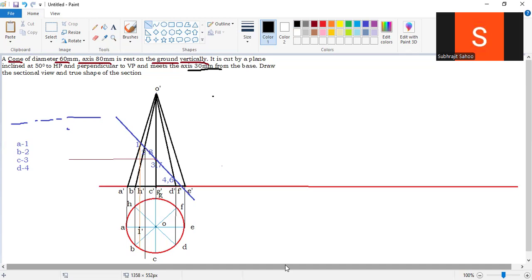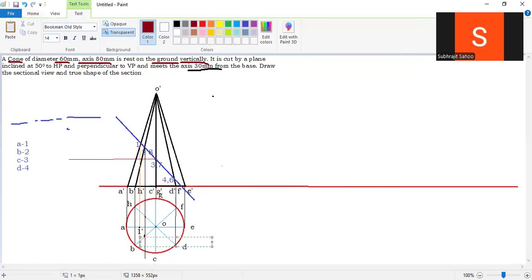Sir, what is the name you want to give here? This is actually a point, or not? This is one point, and this is another point. What name you want to give, sir? Same name, sir. This is called 2 dash, and this one becomes 8 dash, because it is the 2 and 8 point.